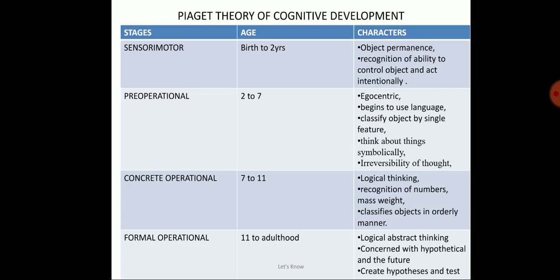Next one, the theory of cognitive development by Piaget. In an earlier video we have also discussed Piaget's theory, so let us summarize and recall it to revise what Piaget actually said. Piaget says the child creates a mental model of the world.